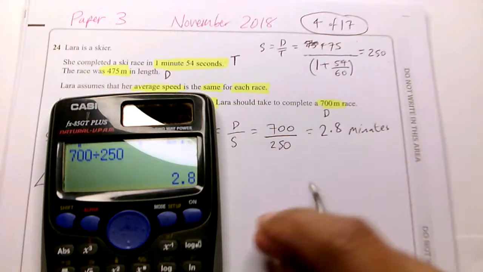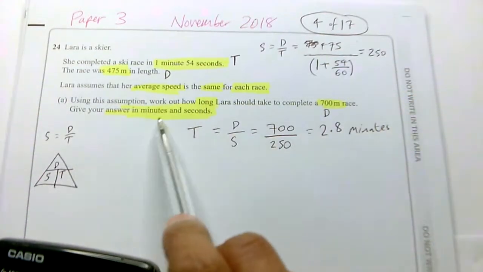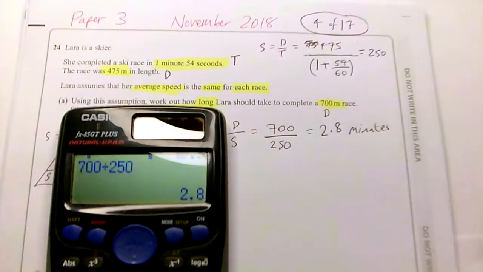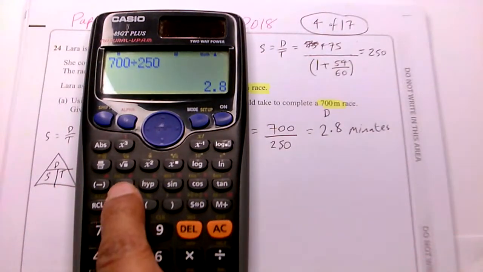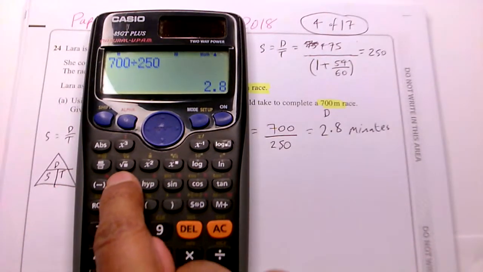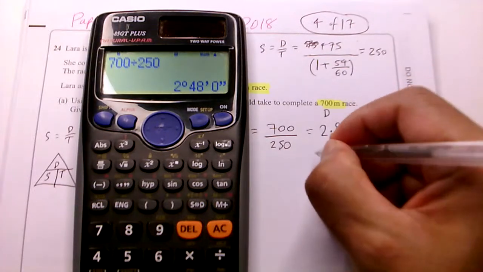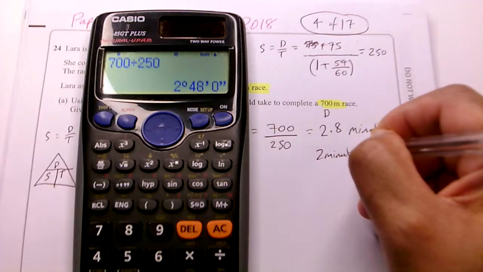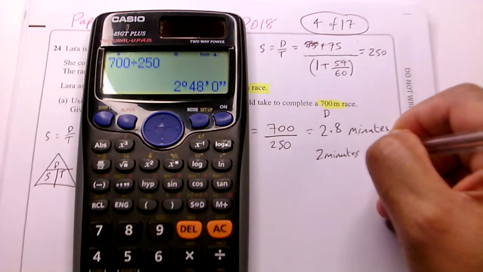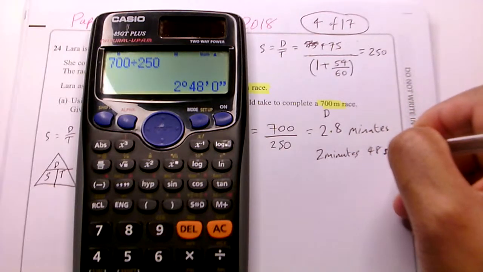So I have to be careful because my question says minutes and seconds. What I can do is look at my calculator, I've got this speech mark button here. If I press that, it tells me it's 2 minutes and 48 seconds.